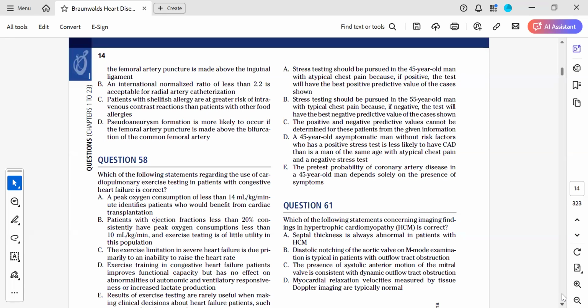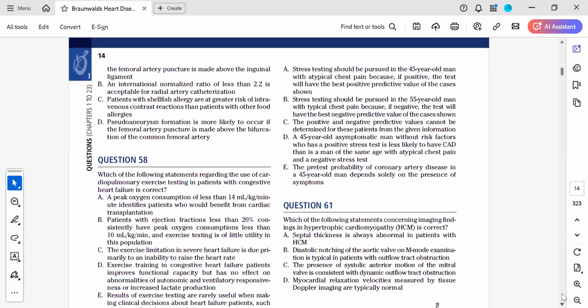C. Patients with shellfish allergy are at greater risk of intravenous contrast reactions than patients with other food allergies. D. Pseudoaneurysm formation is more likely to occur if the femoral artery puncture is made above the bifurcation of the femoral artery.